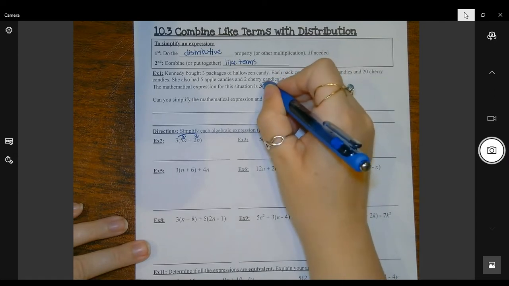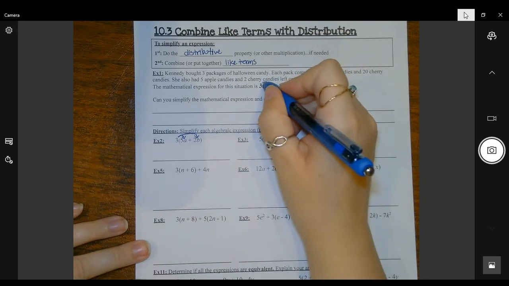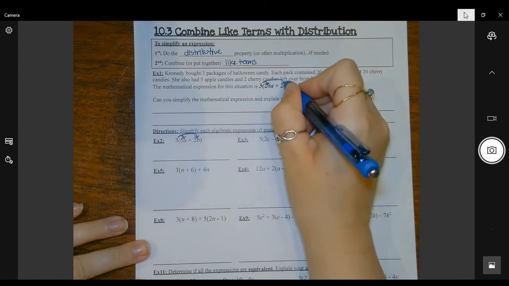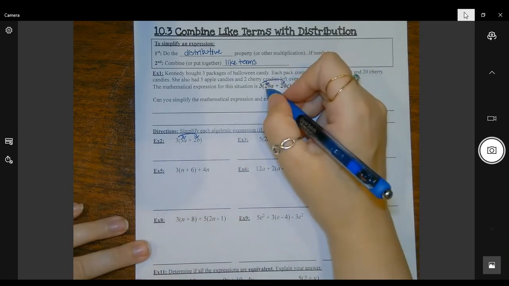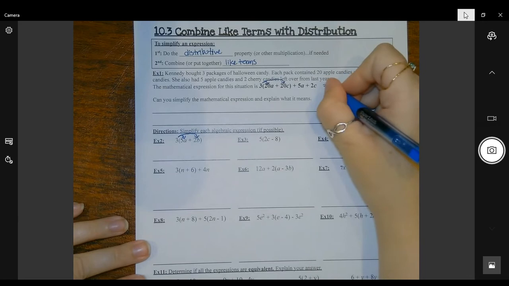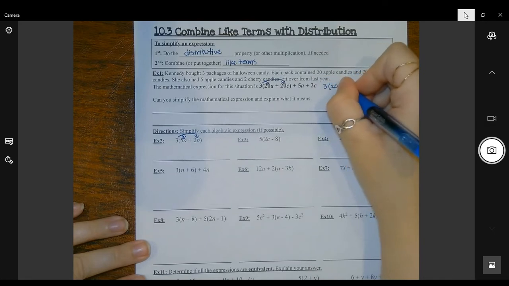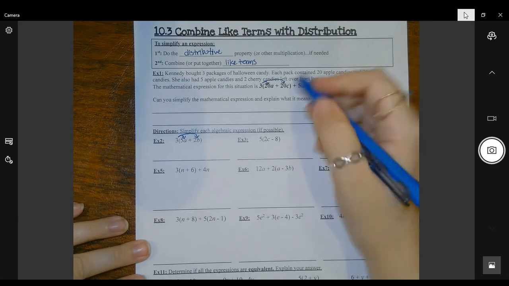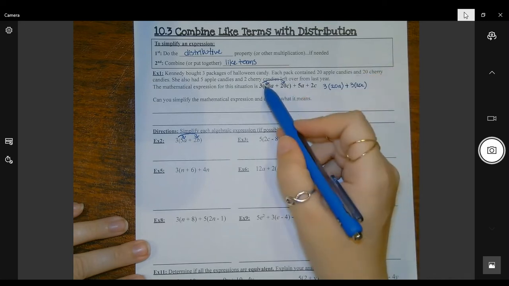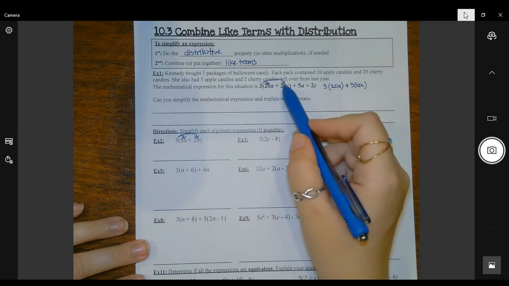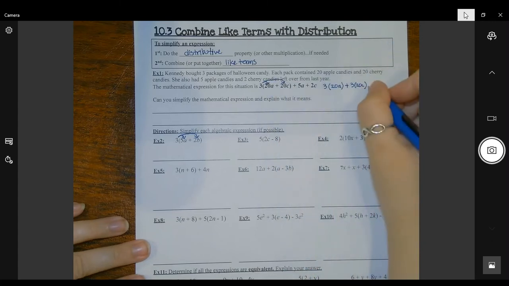Well, I'm going to first distribute this 3 to the 20A and 20C, which means I'm going to do 3 times 20A plus 3 times 20C. Now that 3 is only being distributed to the numbers inside the parentheses. Then you just tack on the plus 5A and plus 2C here.